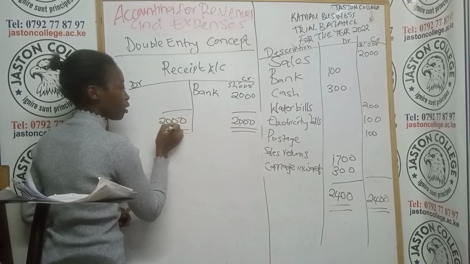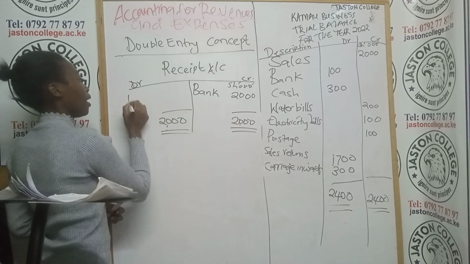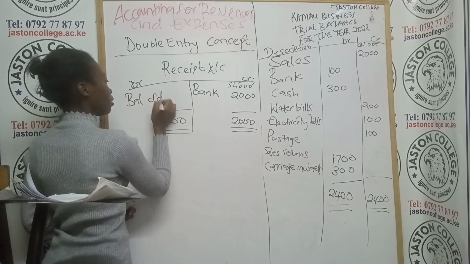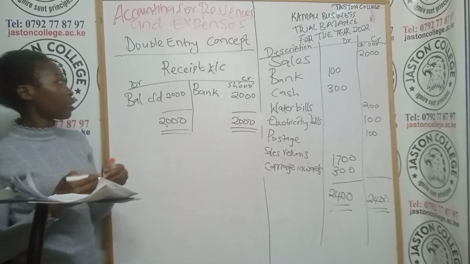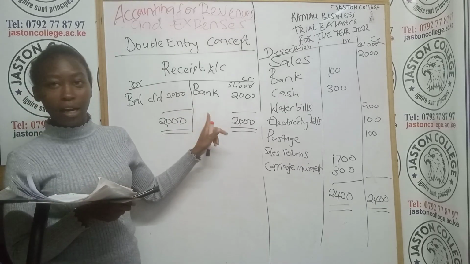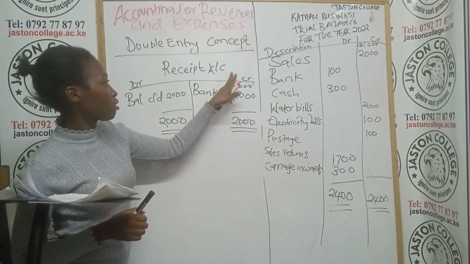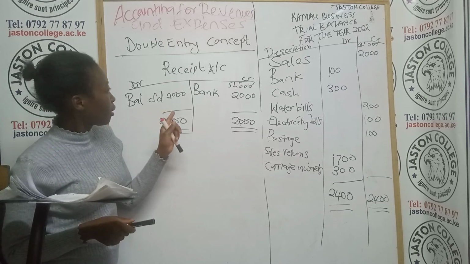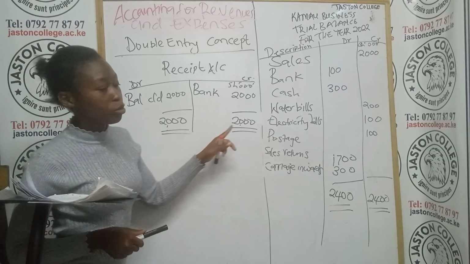Remember, they should always be equal. 2000, then our balance carried down will be 2000. So here we've made our receipts account, and we've credited the receipts account through the bank. So our receipts will increase with 2000.